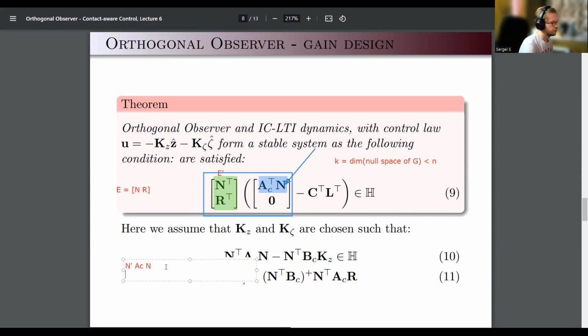And downstairs we would get R transpose A C N. All right. So this is what we will get after multiplication. You can see already this is quite familiar, right? Those two blocks are quite familiar.